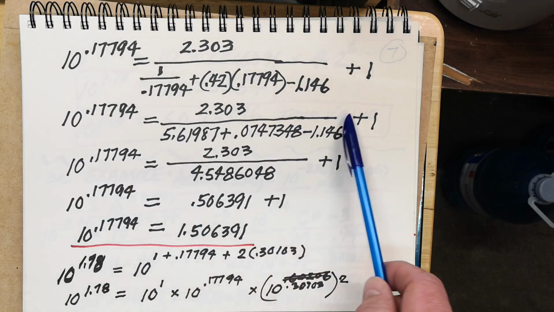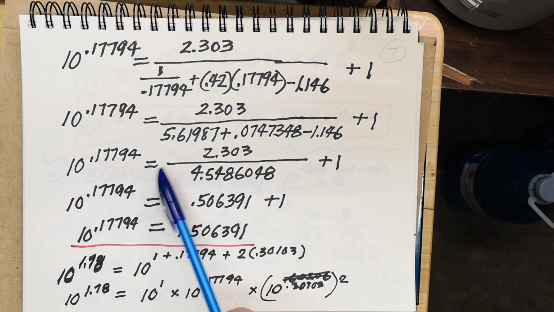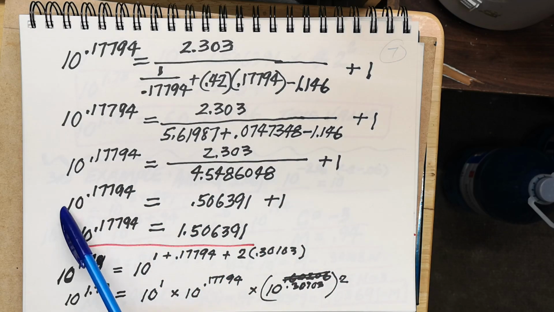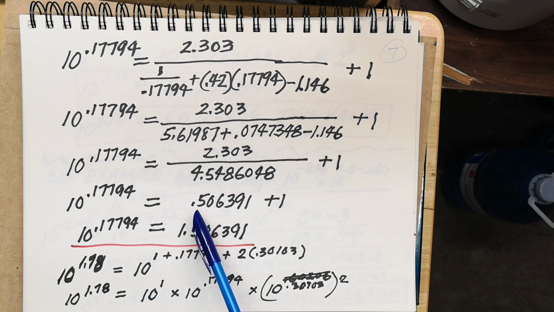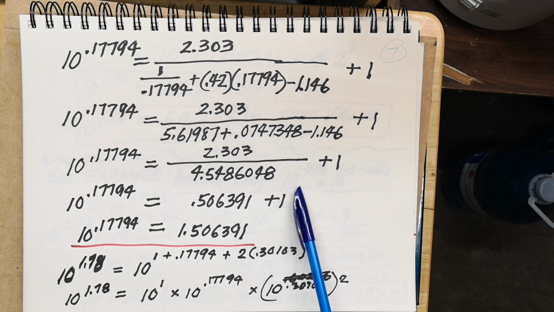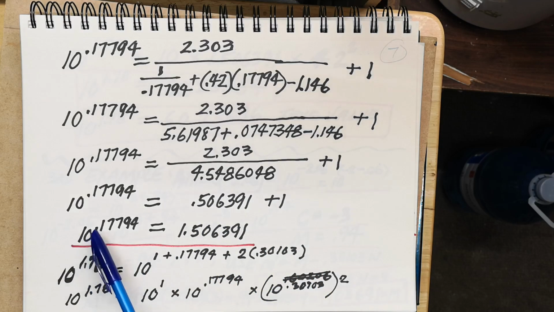After all these calculations, you'll find that 10 raised to the 0.17794 equals 0.506391 plus 1.